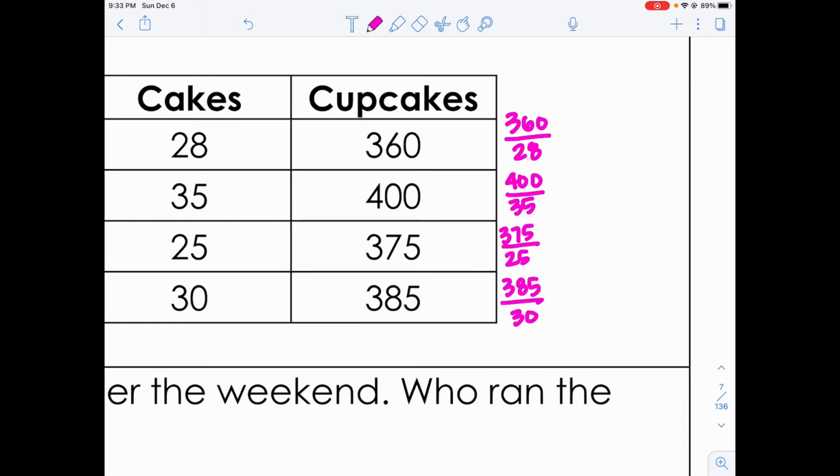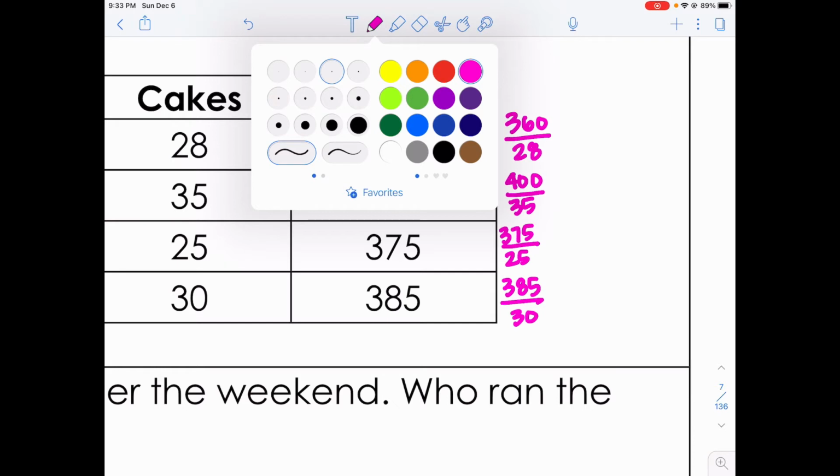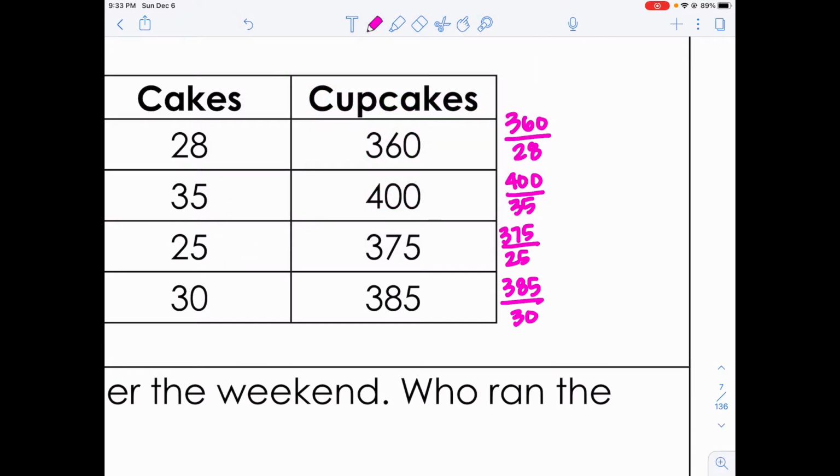So I now have a rate set up for each one, or the ratio set up for each one. Now I'm going to divide to get my unit rate. On these, when I divide them, I'm going to give 2 decimal places just at first, and then we'll talk about rounding. So for the first one, 360 divided by 28, I get 12 86/100.